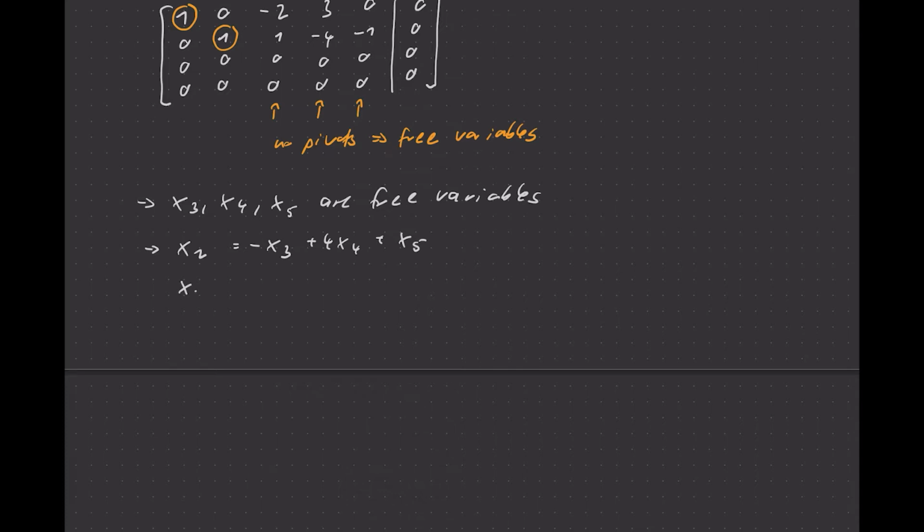And then we solve the first row for x1. And here we get x1 equals 2x3 minus 3x4. And there's a 0 coefficient in front of x5, so that doesn't appear in the solution.